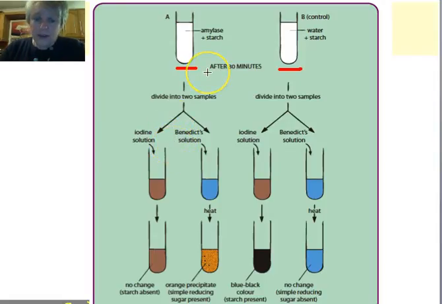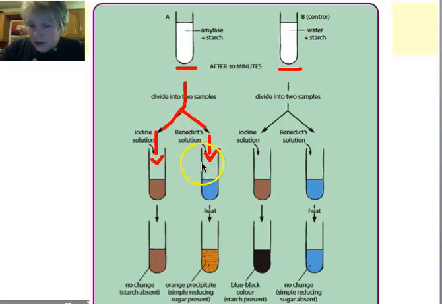So what happens is these test tubes are left for 30 minutes, and after 30 minutes they are tested, or they're divided into two samples. So a sample is taken from this test tube. One is put into iodine solution and one is put into Benedict solution.